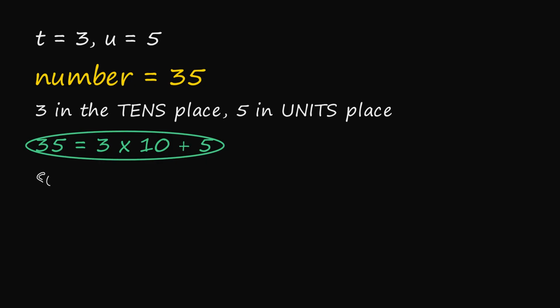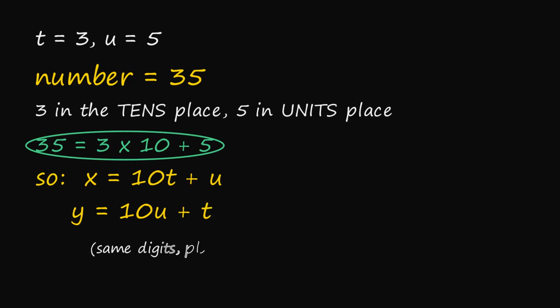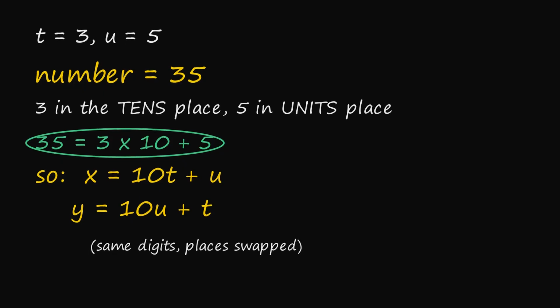So if I generalize that, a number with tens digit t and units digit u is equal to 10t plus u. That's x. Now, y is the reversed version. Same digits, but u is now in the tens place and t is in the units place. So y equals 10u plus t. Now the question just wants x minus y.